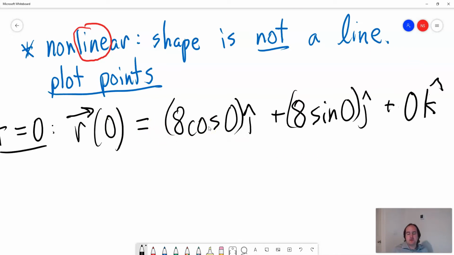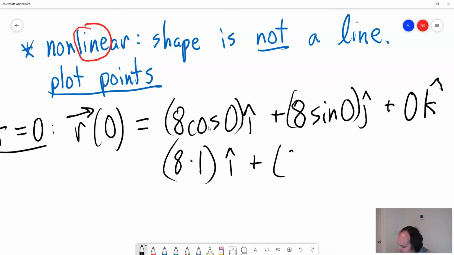Recall that on the unit circle, cosine is the x-coordinate, so cosine of 0 is actually 1. So we have 8 times 1 times i plus sine of 0 is 0. So we have plus 8 times 0 j plus 0k.